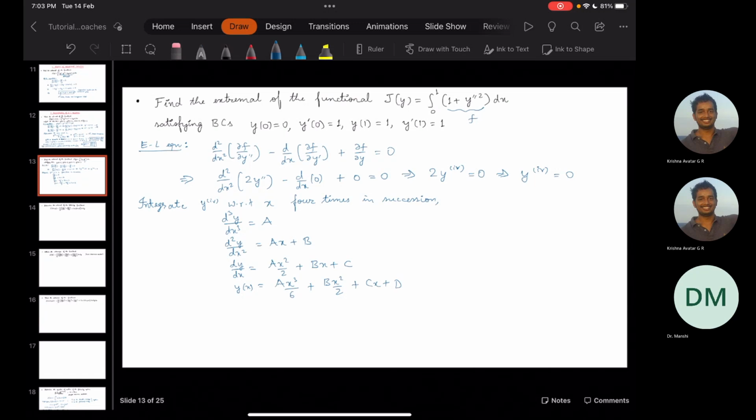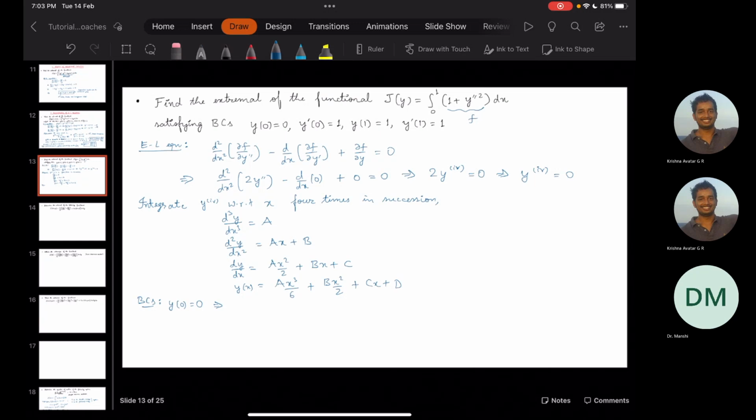Okay, but haven't we already been given an expression? Sorry, we have been given the boundary conditions. So let's apply the boundary conditions. y of 0 is equal to 0.